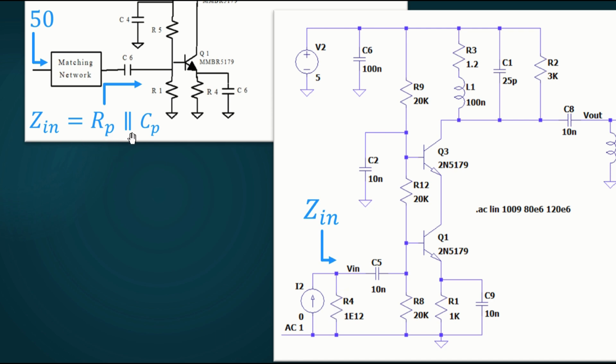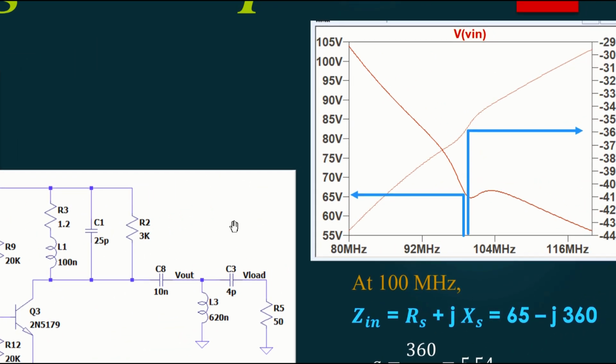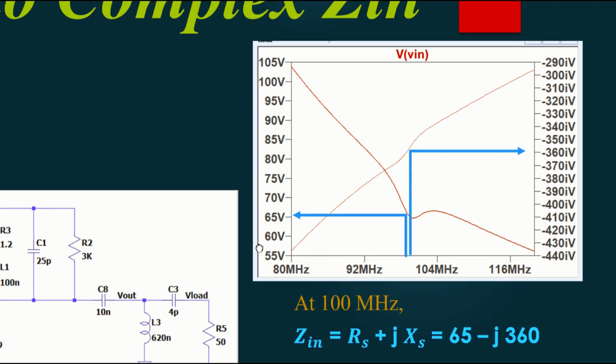Anyway, in our design process, we're thinking about the R pi in parallel with that capacitance, and we want to know Zn in this form. But guess what? The simulator is not going to give it to us in that form. It's going to give it to us in a series form.